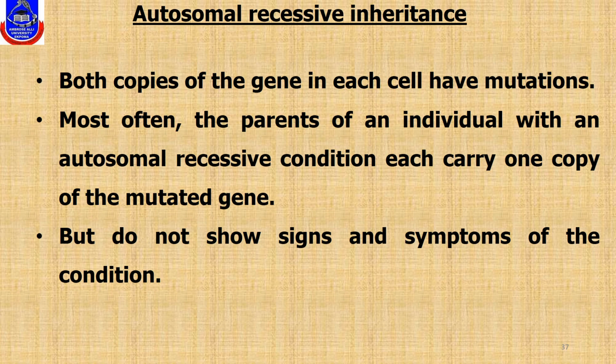In autosomal recessive inheritance, both copies of the gene in each cell have mutations. Most often, the parents of the individual with an autosomal recessive condition each carry one copy of the mutated gene, but do not show signs and symptoms of the condition.